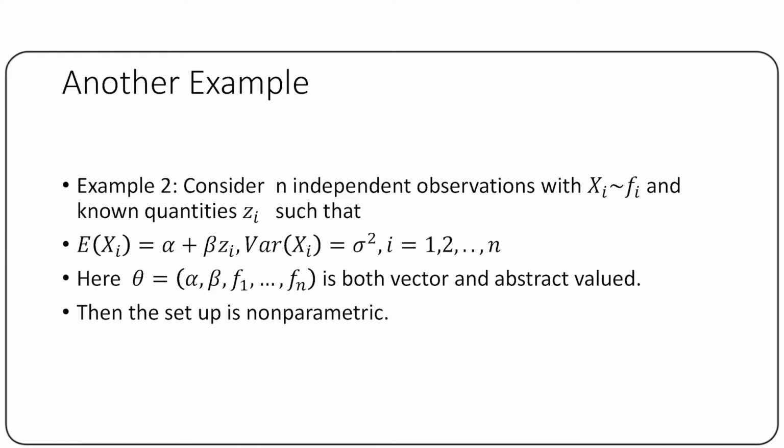Thus, we have the unknown quantities alpha, beta, sigma together with the density functions f1, f2 and fn. Then the vector of unknowns involves both real valued and abstract valued quantities. Therefore, by definition, the setup is semi-parametric.